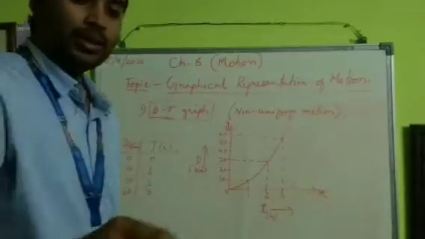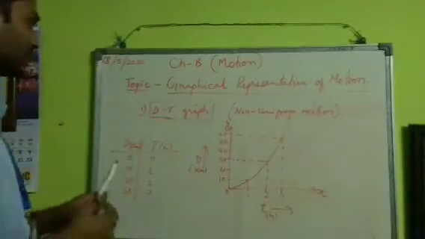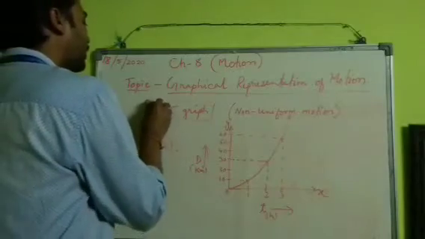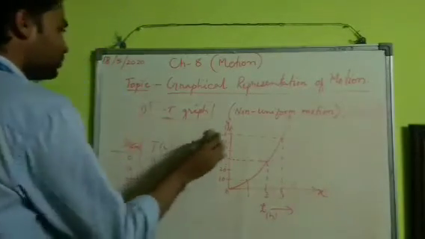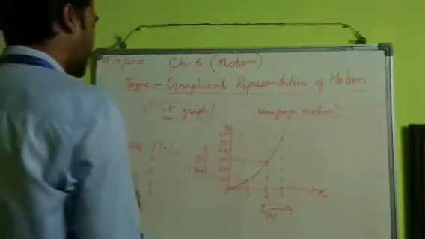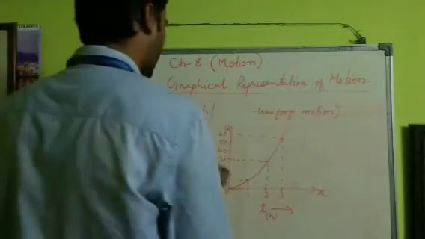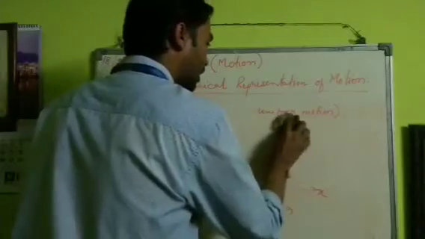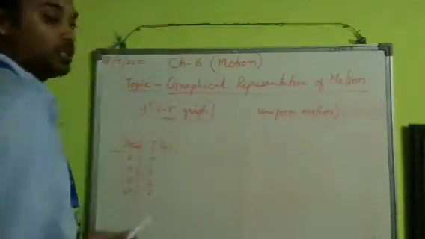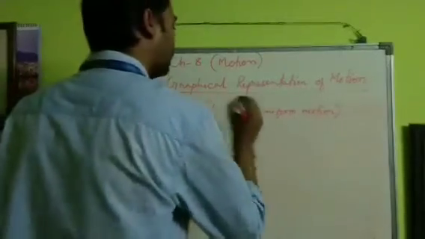Now let us quickly draw the velocity time graph for different types of motion. So first we'll consider velocity time graph for uniform motion. Now when we say velocity time graph, we have to take velocity along y-axis.